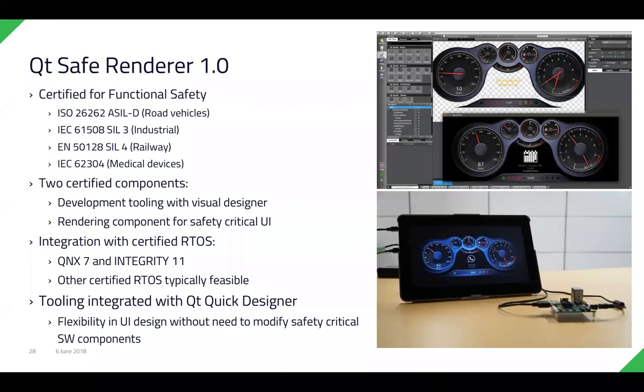There's two components in there basically. There's a development tooling with a visual designer that integrates with the Qt Quick Designer, and there's a rendering component that actually does this rendering of the safety critical parts of the user interface.